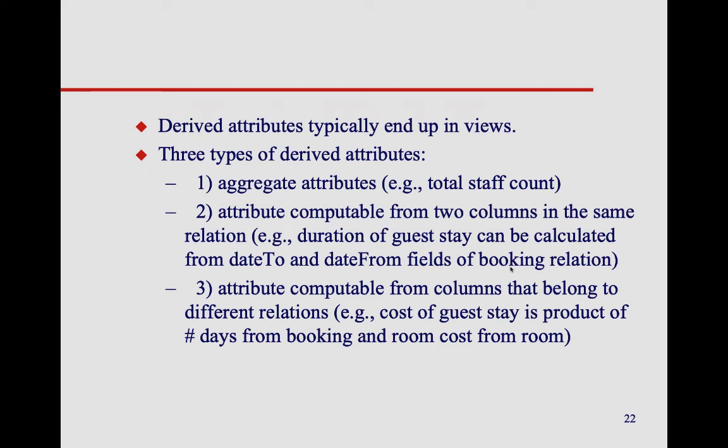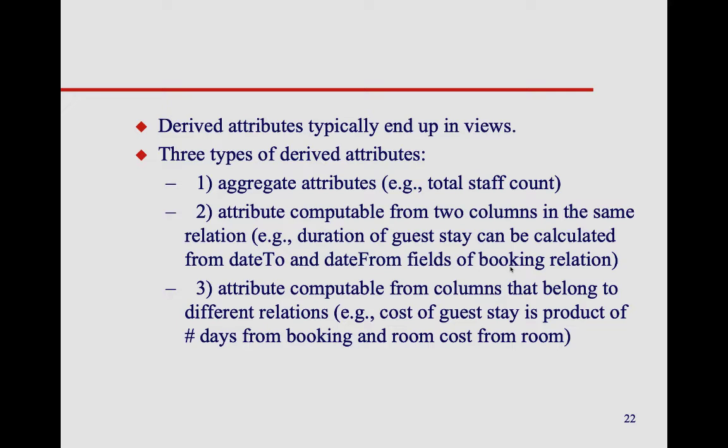We have aggregate attributes, things like total staff count or the min of something or the max of something. So these are attributes derived from one of the 5 aggregate operations: min, max, count, sum, average.